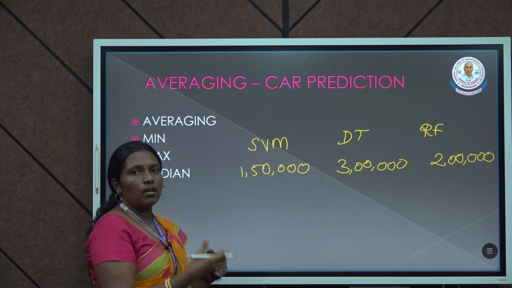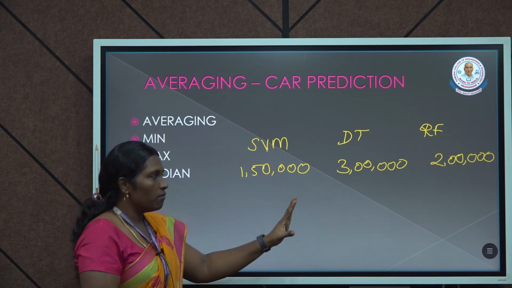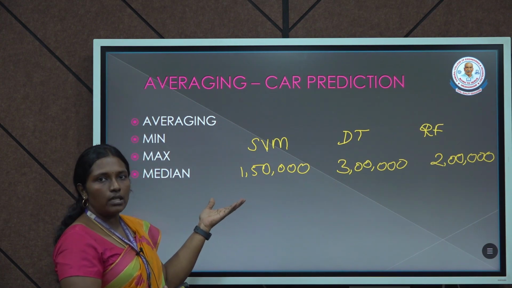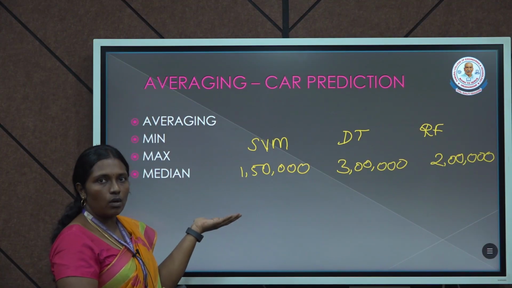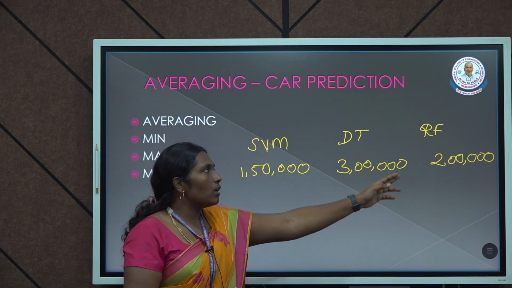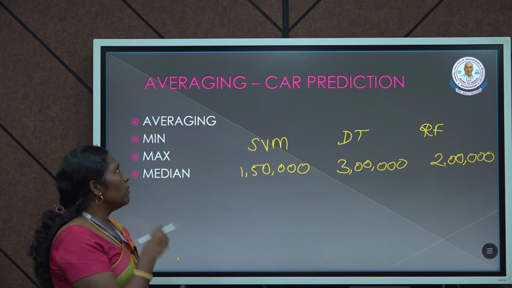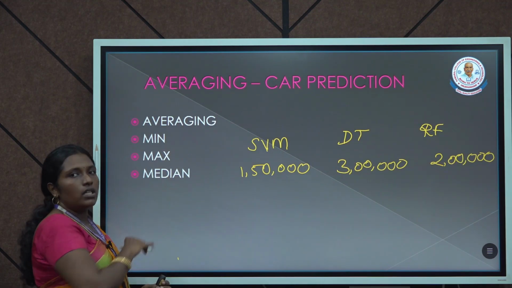So, based on all the other characteristics, I have considered all these 3. The first dealer says you can get the car for 1,50,000, the second says 3 lakhs, and the third says 2 lakhs. In this I will be using the averaging technique.